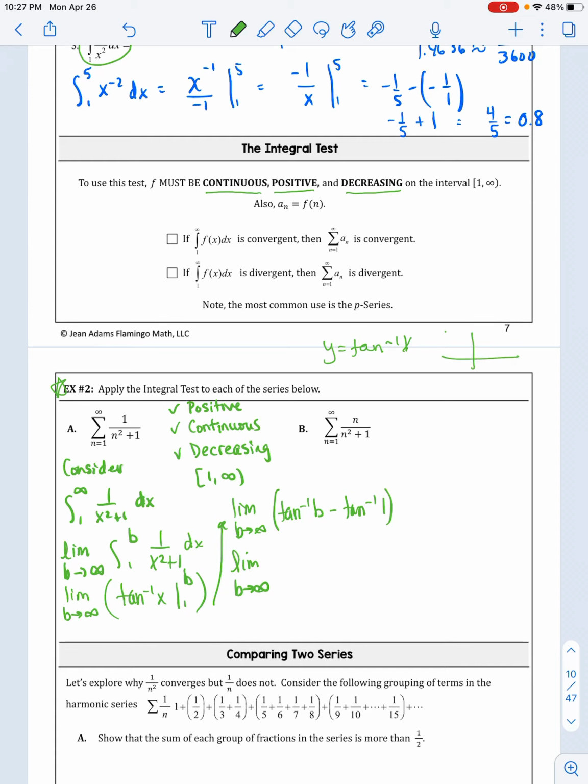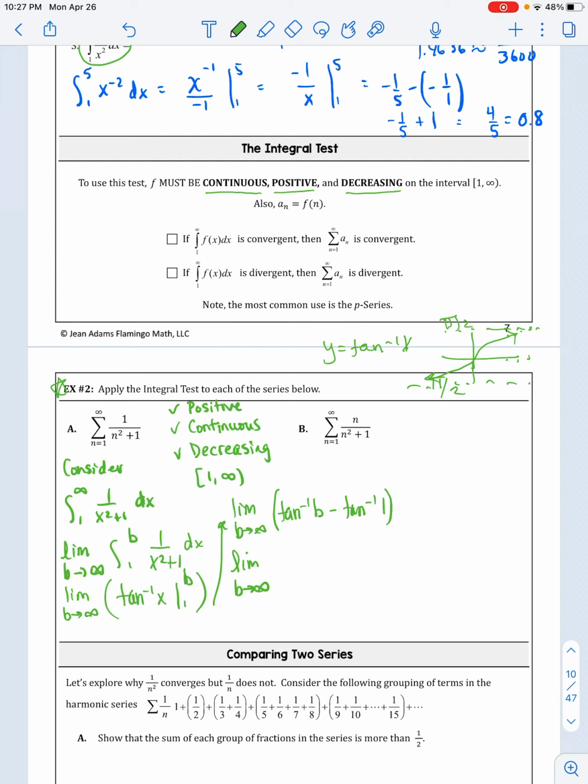So now think about what the inverse tangent function looks like. If I was trying to remember what my inverse tangent of x looks like, I would remember that there is a horizontal asymptote at pi over 2 and one at negative pi over 2. And my inverse tangent function looks like that.